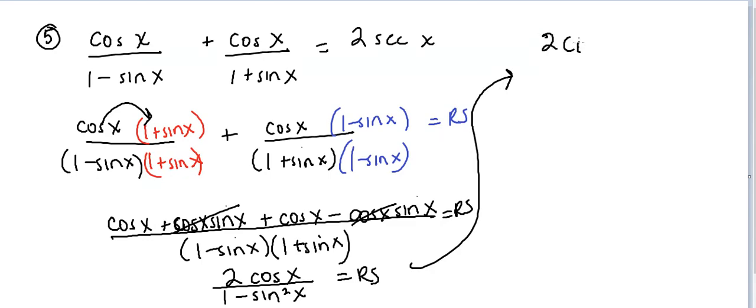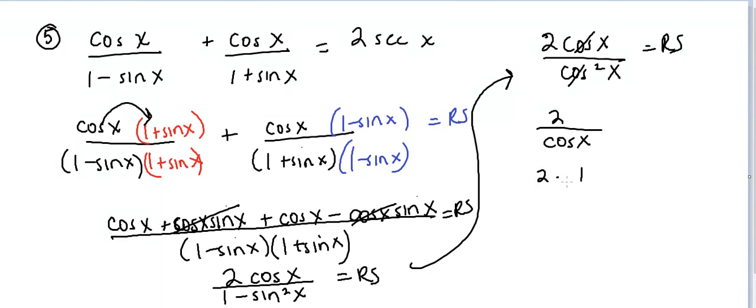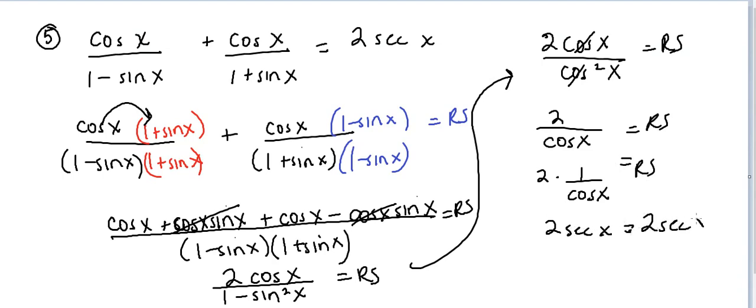Hopefully you recognized it. The bottom is actually cosine squared. And now if we divide, we have 2 over cosine. But really, it's like saying 2 times 1 over cosine. And that is equal to 2 secant x.